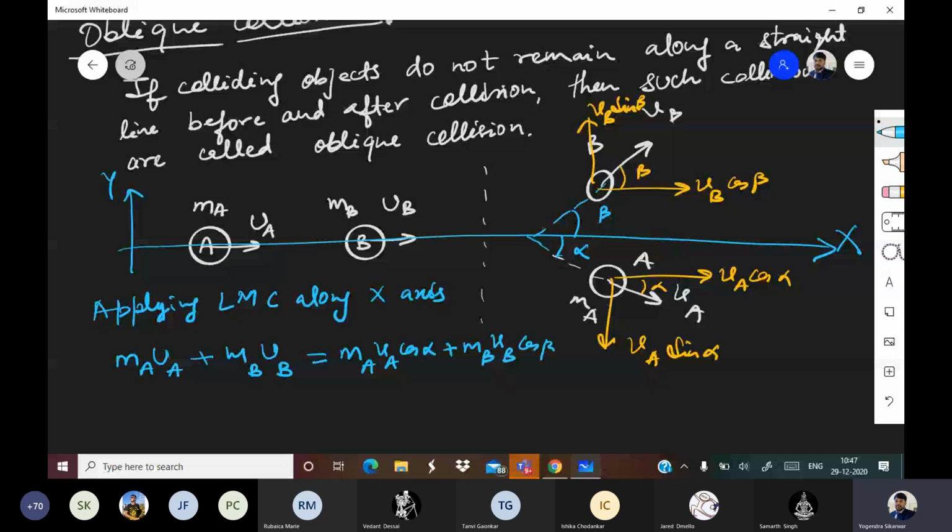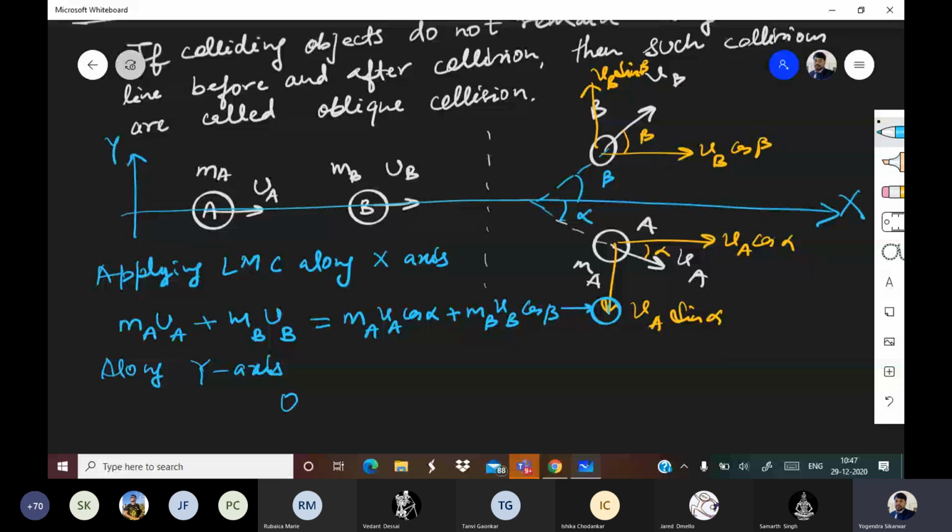Now along y-axis. So what we can write is 0 because A has no initial momentum along y-axis, plus 0 because B also has no initial momentum along y-axis, is equal to MB VB sin beta minus MA VA sin alpha. Let me call this equation 2.